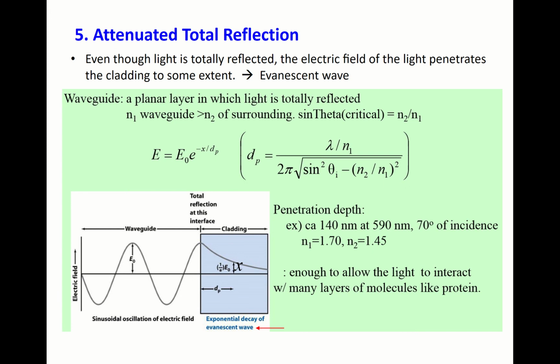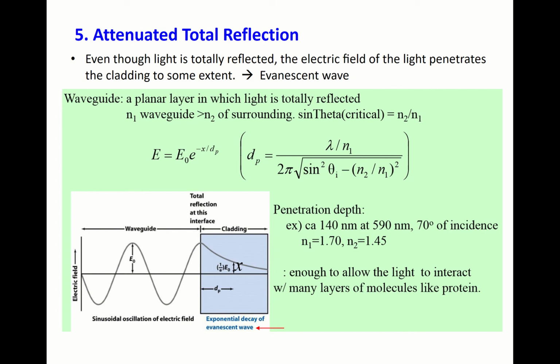Another property of light when it hits the interface is attenuated total reflection. In the previous section, we learned that when the light is sent to the interface at an angle greater than the critical angle, total internal reflection may occur.